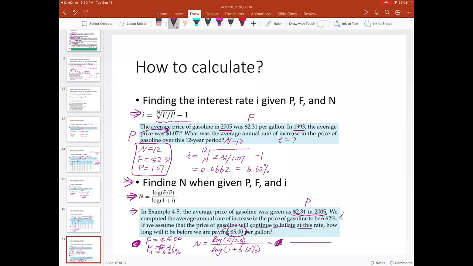Okay, so first we need to calculate the log.